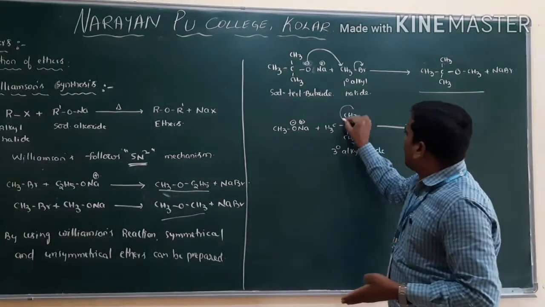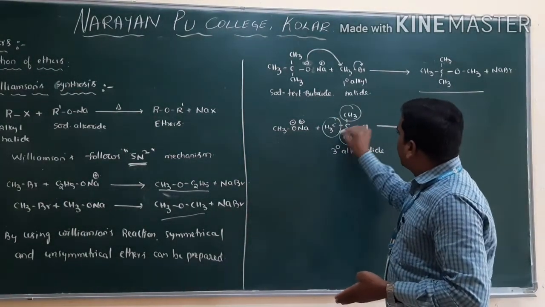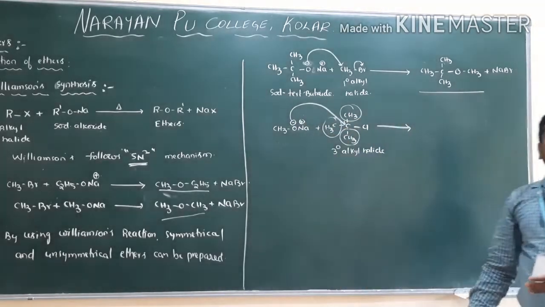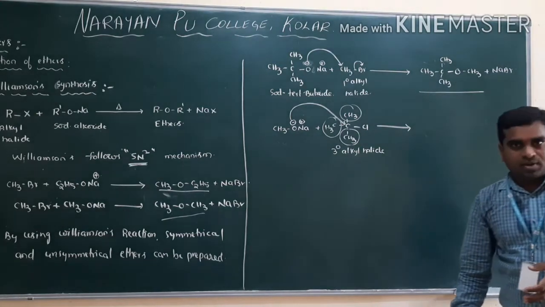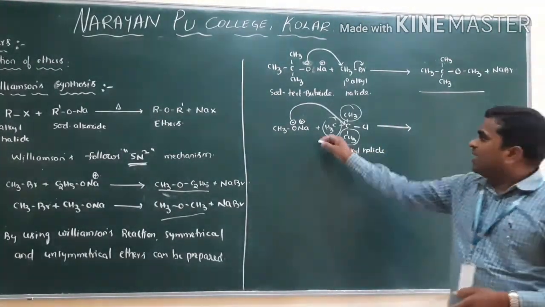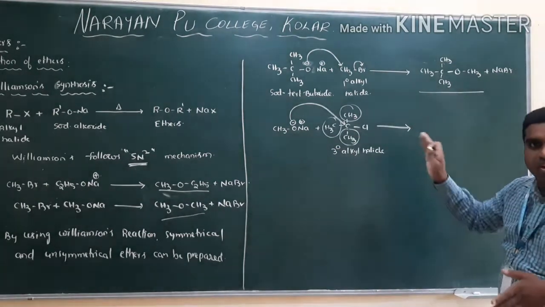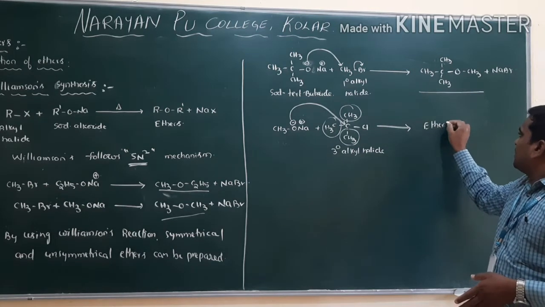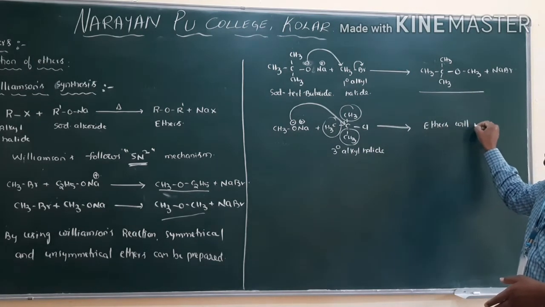Very bulky groups are there, and these bulky groups cannot allow the nucleophile to attack the chlorine-attached carbon. Clear? So that's why this reaction will take place, but ethers will not form.